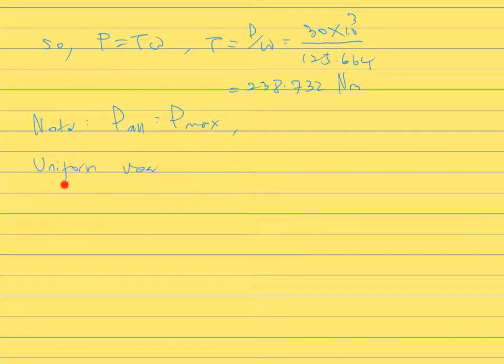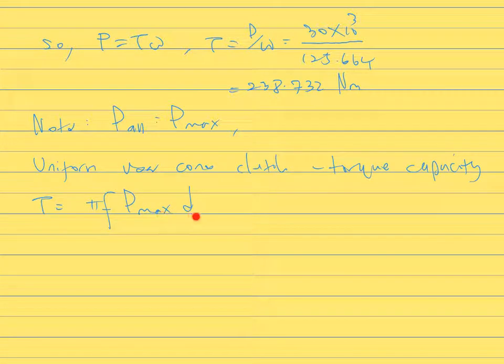So from uniform wear cone clutch, the torque capacity formula is: torque is equal to pi times coefficient of friction times maximum pressure times the inner diameter of the cone clutch divided by sin alpha, times D square minus d square.